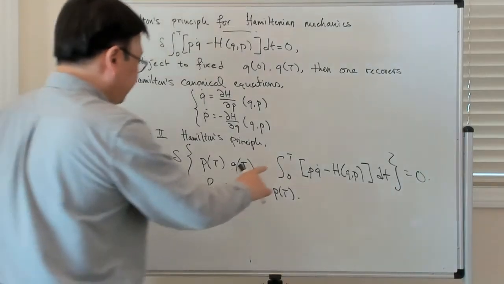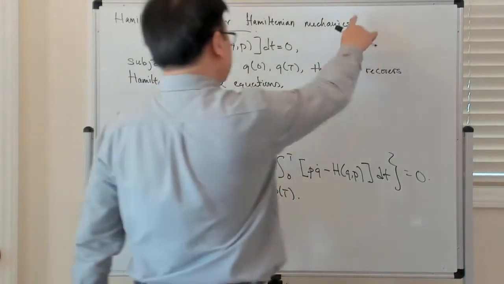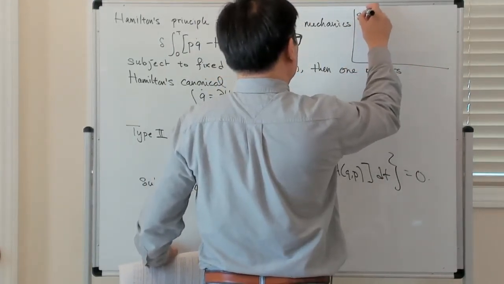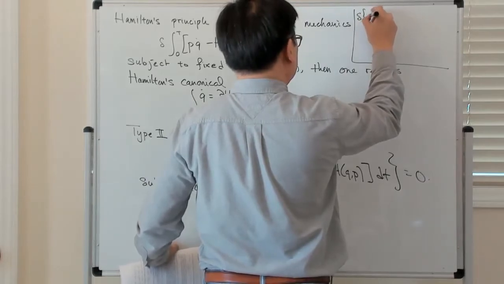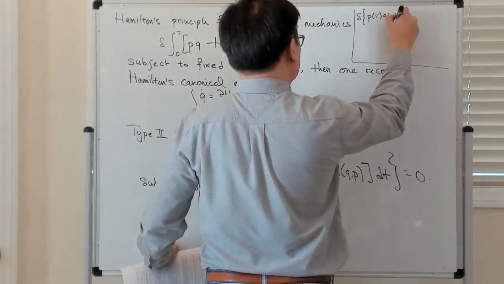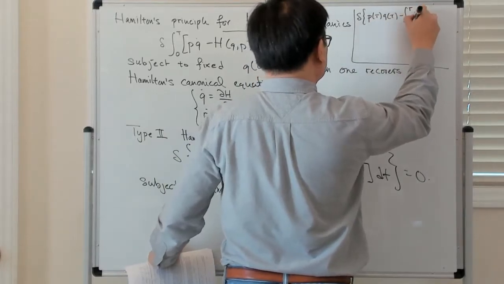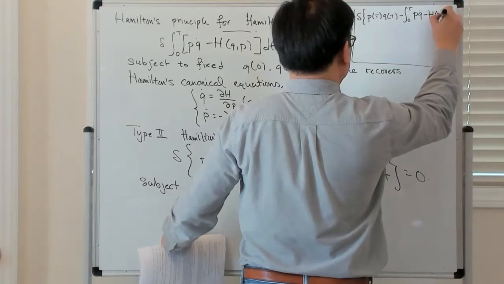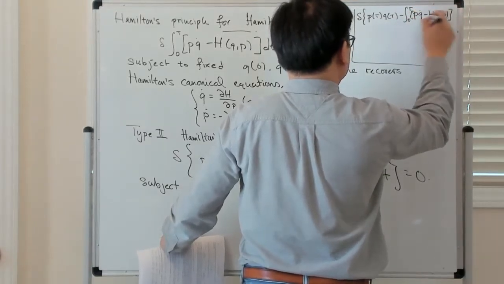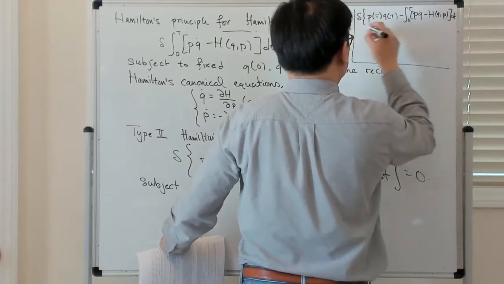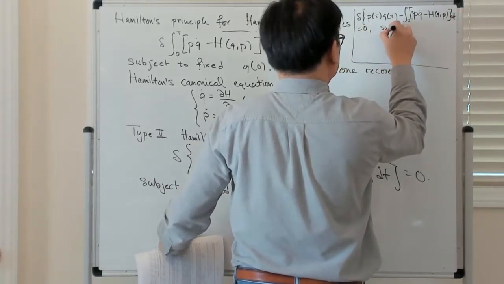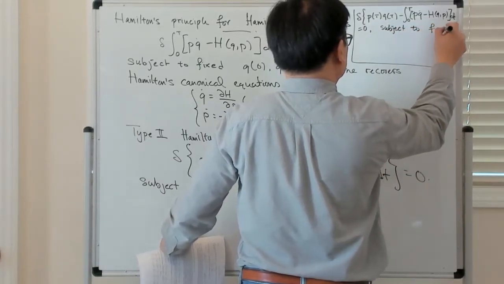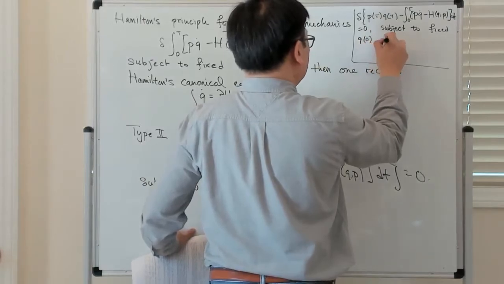Okay, so let me rewrite this in a corner somewhere, say here, right? So I want to take the variation of p at the final time, q at the final time, minus the integral from 0 to T of p q dot minus H(q, p) dt equals to 0, subject to fixed q0 and p(T).